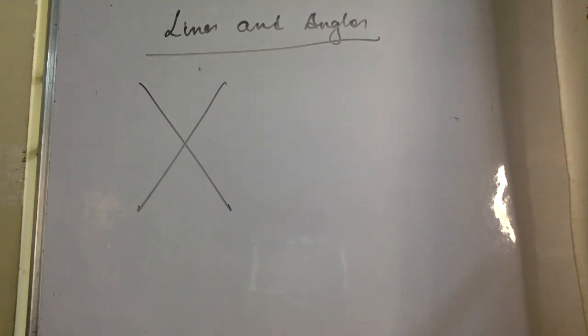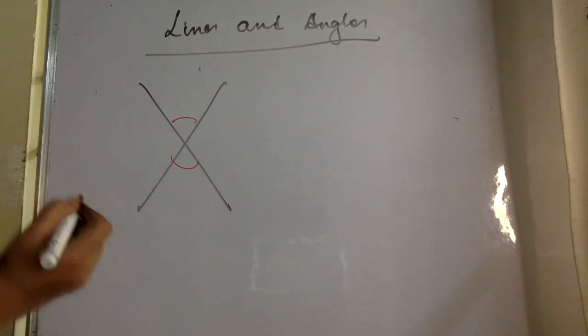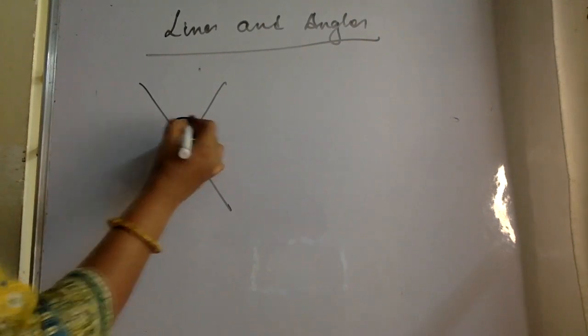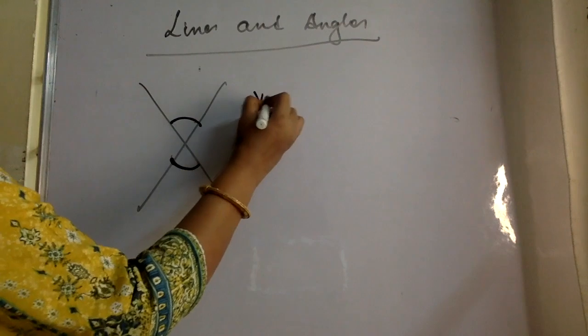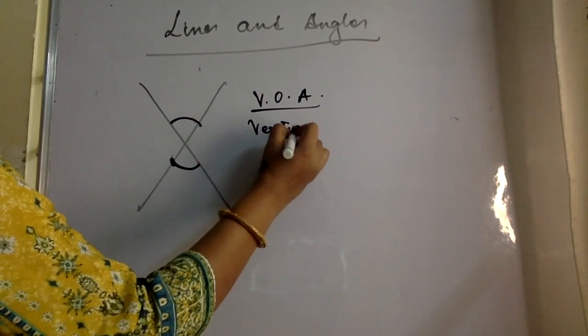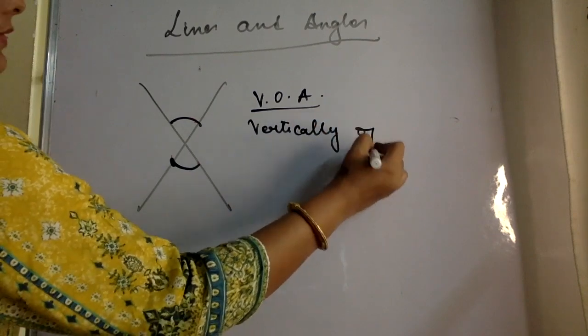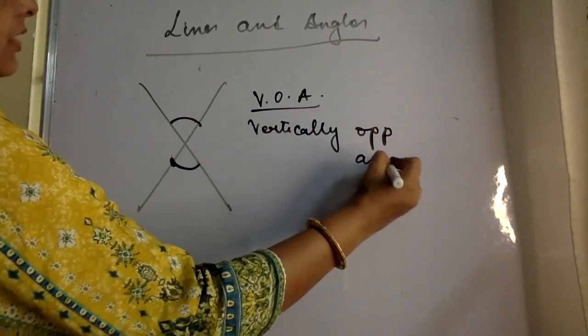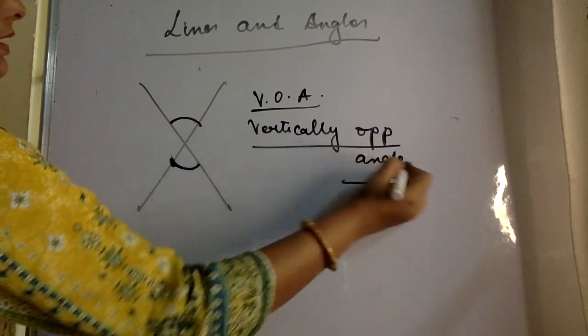Now vertically opposite angle is not a very new thing. I know all of you know this very well. But the thing is, even then mistakes are made very often in VOA. We also call it VOA sometimes, or vertically opposite angles. Now what are vertically opposite angles?